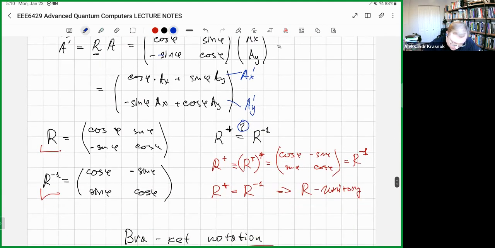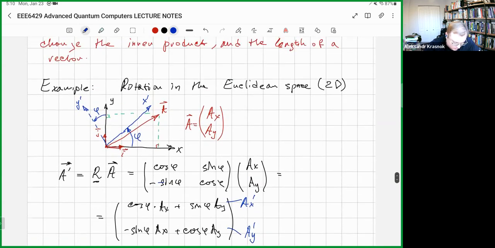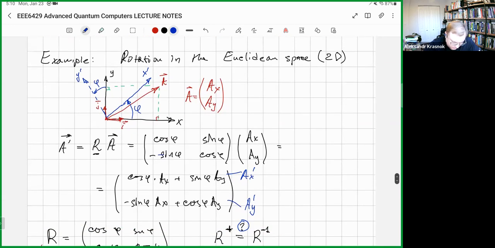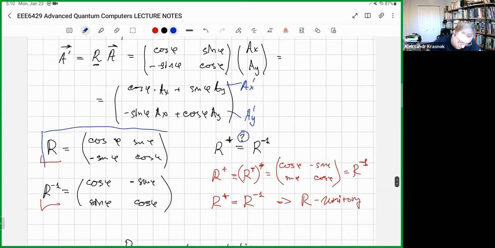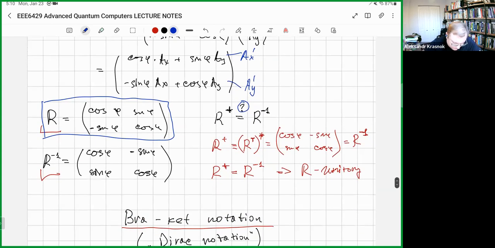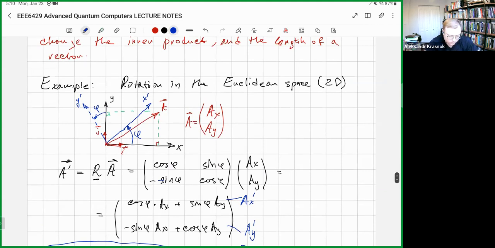One example of a unitary matrix in our Euclidean space is this rotation matrix. For a given basis, like here x, y, it rotates the basis by some angle phi.